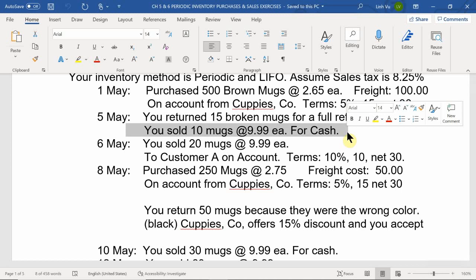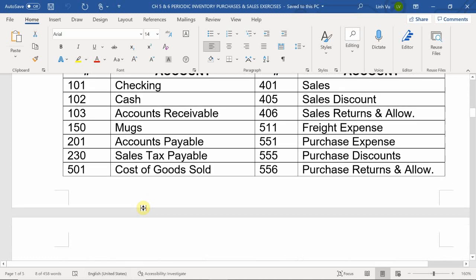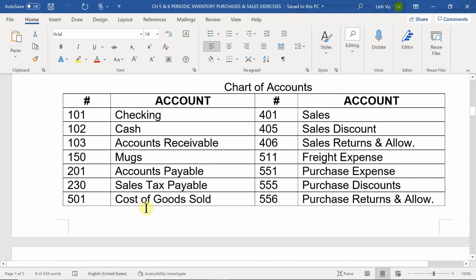And what did we receive? Cash. So let's take a look at my accounts. First we do account 102 for cash. Good.